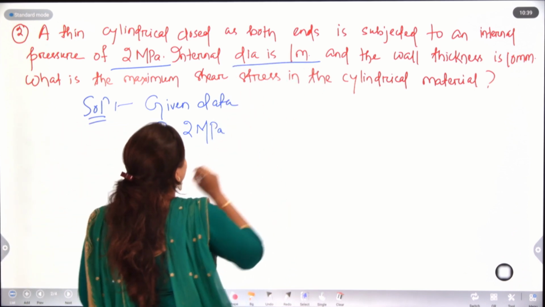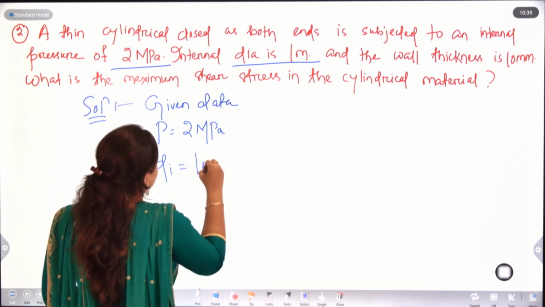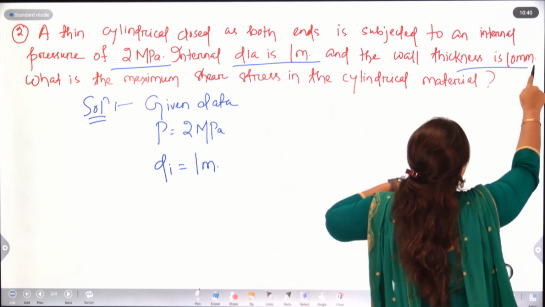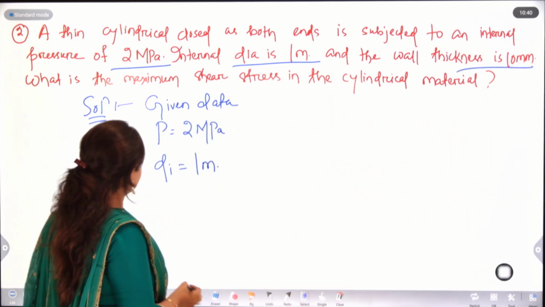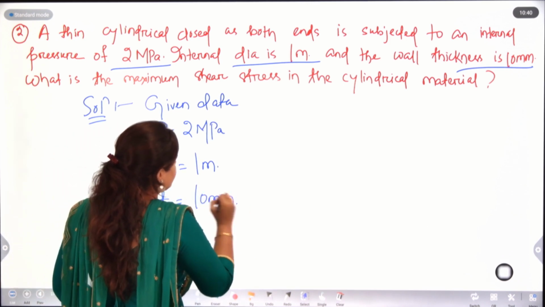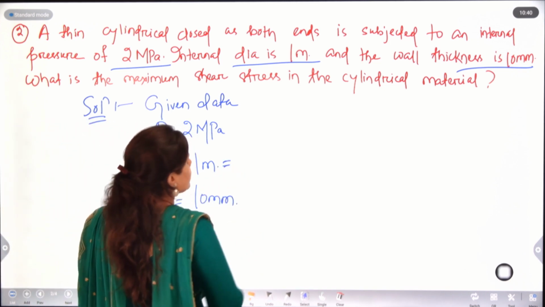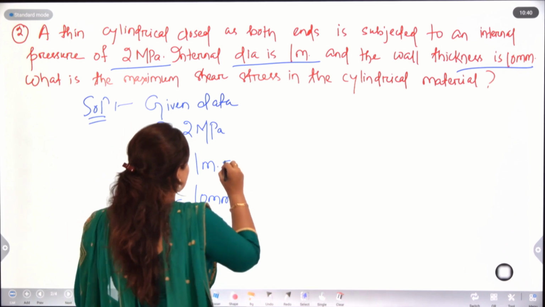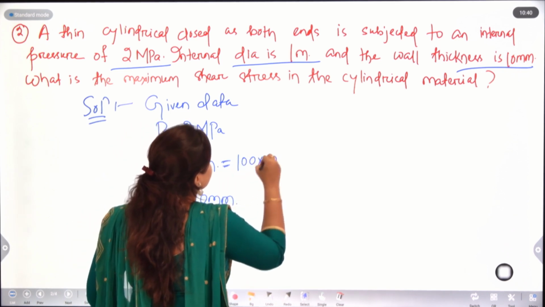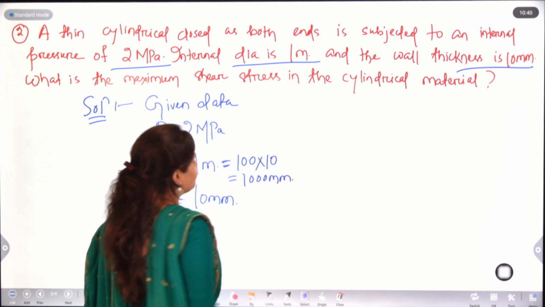Diameter is given here. And the wall thickness is also given. Thickness is in meters, so we need to convert meters to mm. As we know, 1 meter equals 100 centimeter and 1 centimeter equals 10 mm. So, we can write 1000 mm.